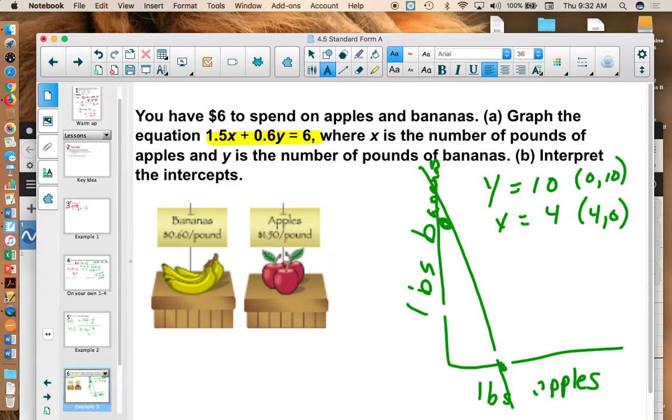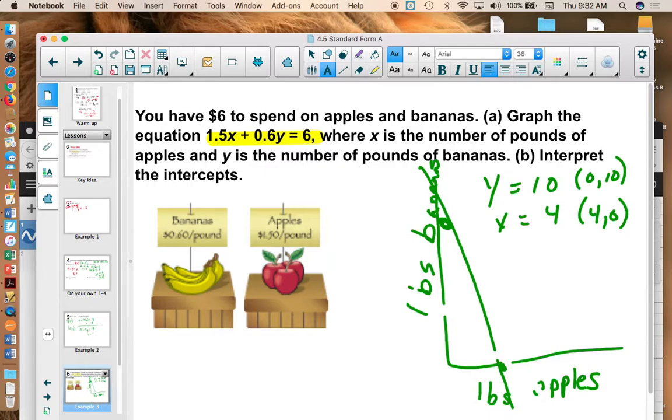Try again. The point (0, 10) tells you what, Lindsay? Madison? 0 pounds of apples for every 10 pounds of bananas.